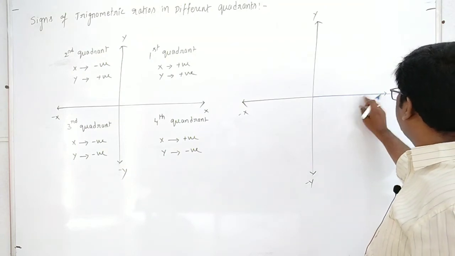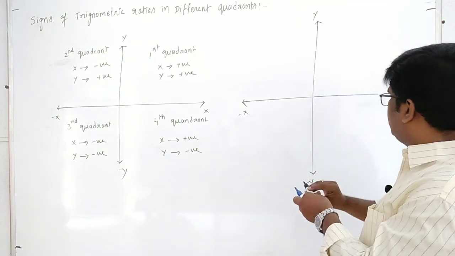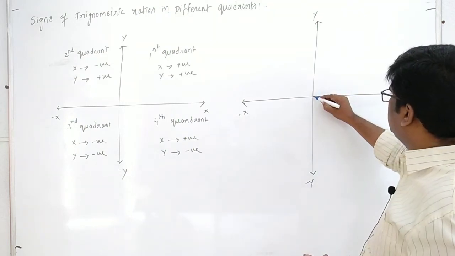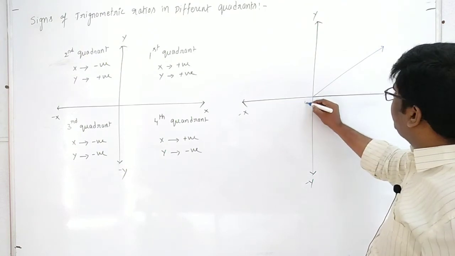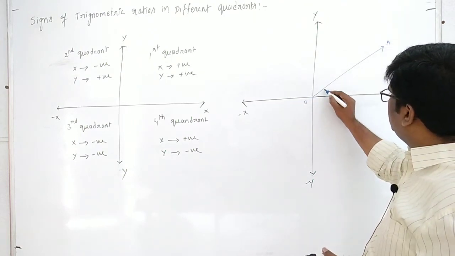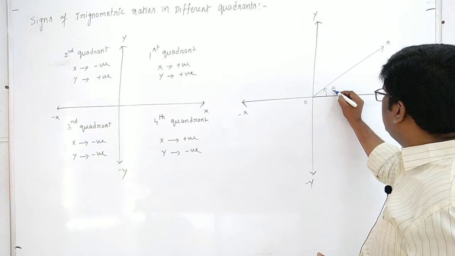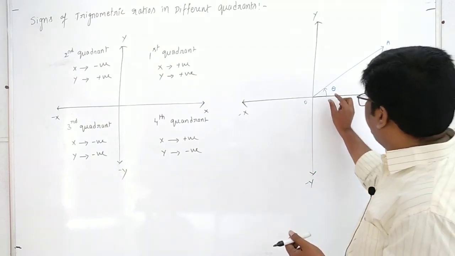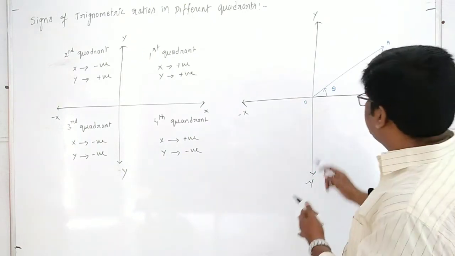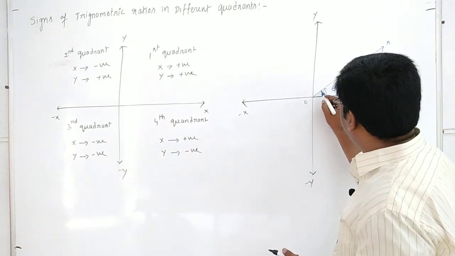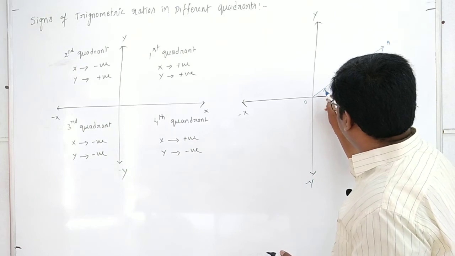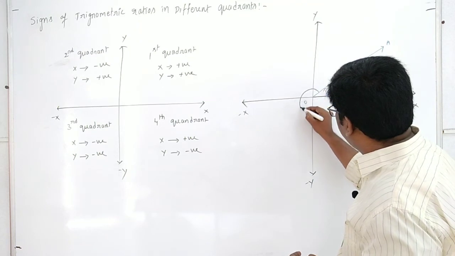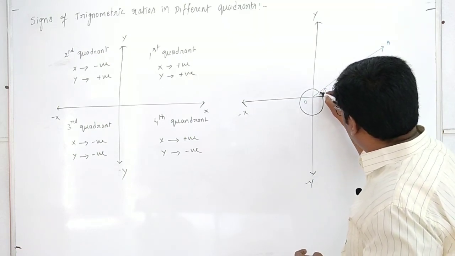Now if it makes an angle with the x-axis like this, OA, it makes an angle that is theta, we can write. Now if it finishes one rotation, what is the angle?